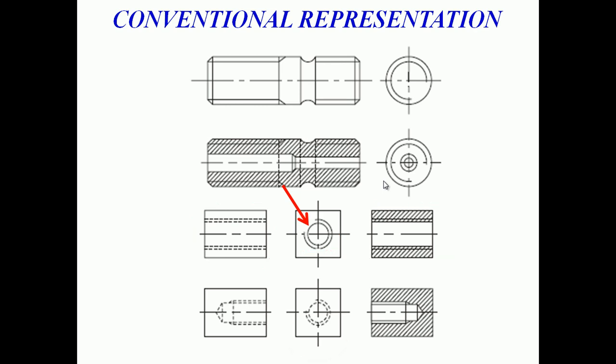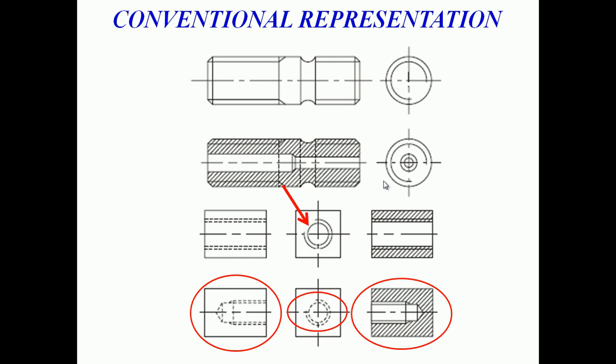So the same thing is explained in the next one. What is the difference between the third diagram and the fourth one? The third diagram is actually a through hole, and after the through hole it is threaded. But if you come to the fourth sketch, you can see that one is a sectional view, another one is without section, and the side view is there.